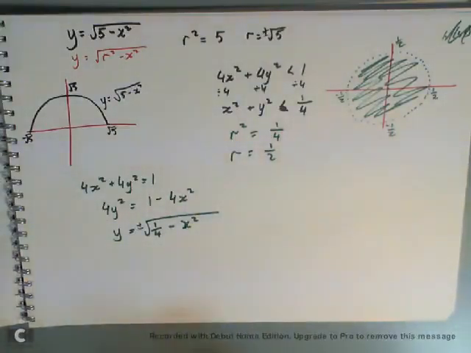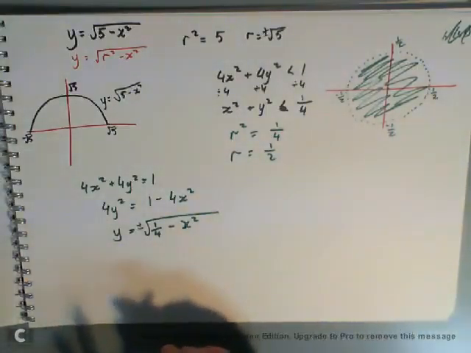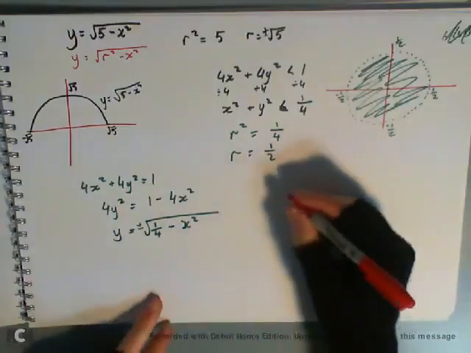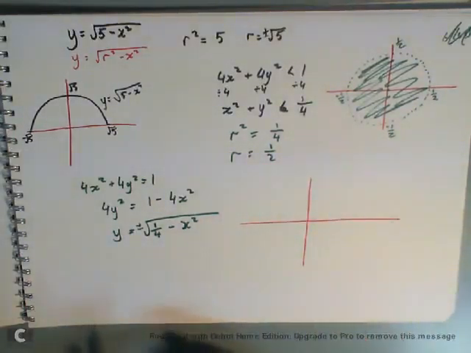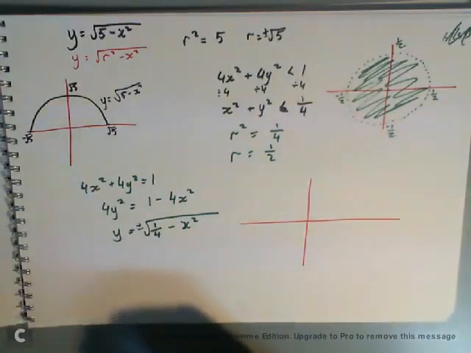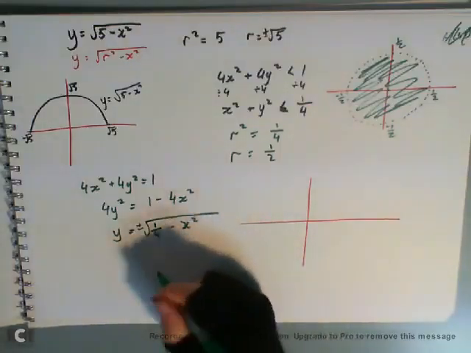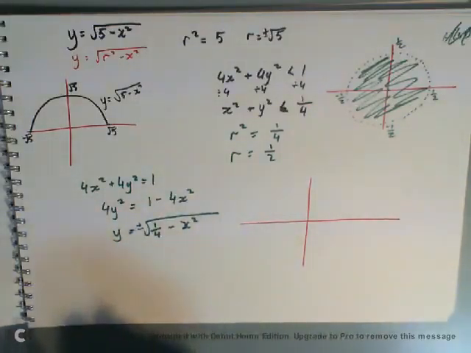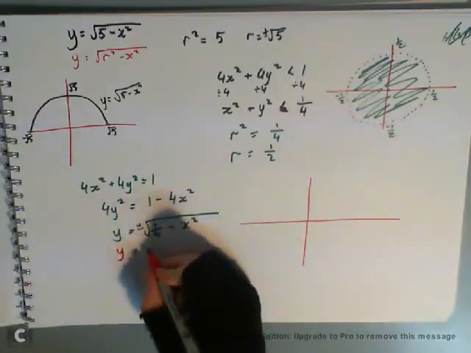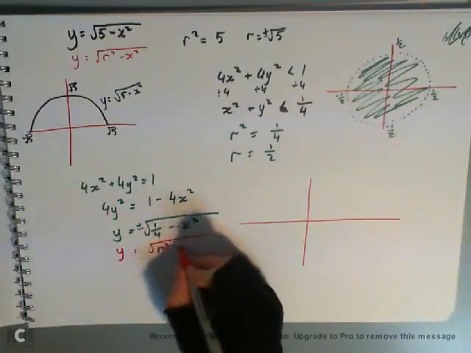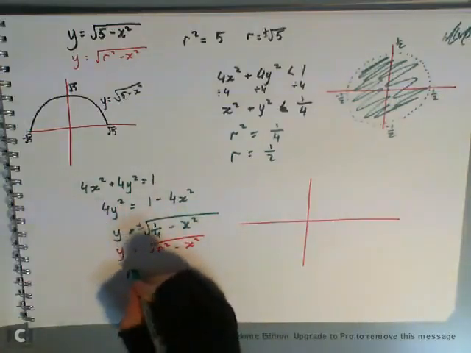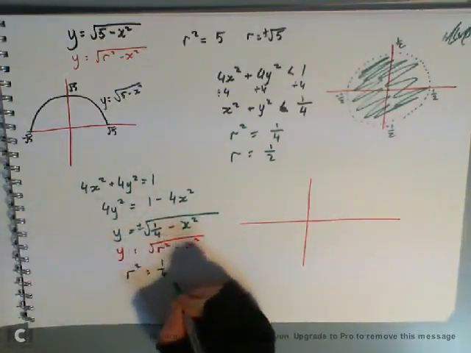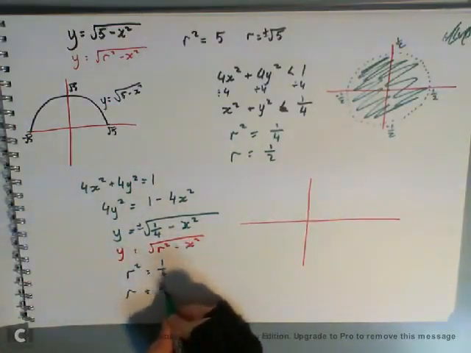So we want the upper semicircle. Our radius is going to be, well, actually, we've got y equals square root of r squared take x squared. What's our r squared? Again, it's going to be 1 on 4. So r has to be 1 on 2.